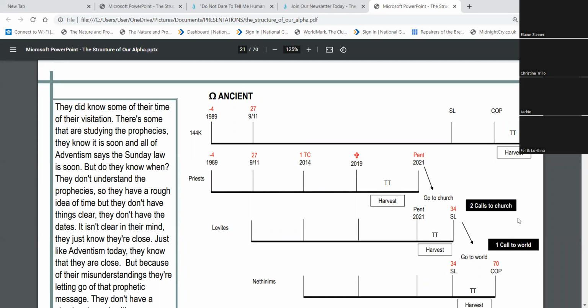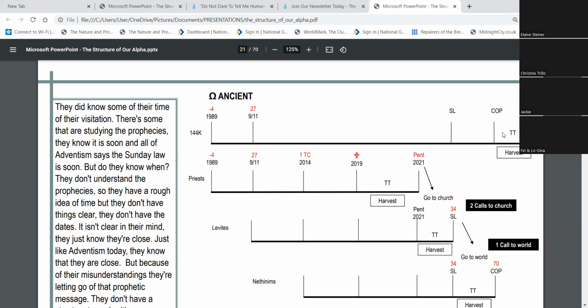There's some that are studying the prophecies. They know it is soon, and all of Adventism says the Sunday law is soon. But do they know when? They don't understand the prophecy, so they have a rough idea of time, but they don't have things clear.